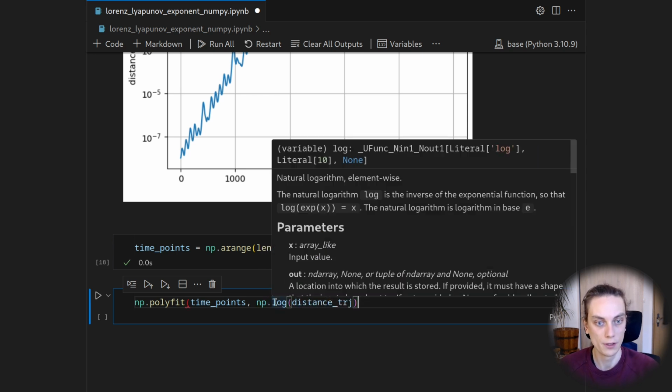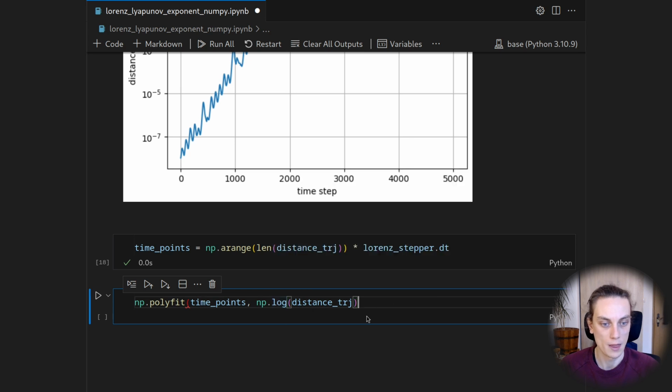By default, the logarithm is the natural logarithm, so with base e, and that's also typically the base you use for computing or defining the Lyapunov exponent. Then you also need to provide the degree of the polynomial, and since we want to make a linear affine fit, we put in 1, which computes both the slope and the offset.